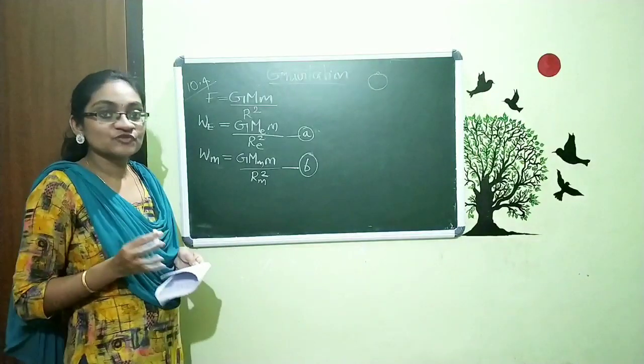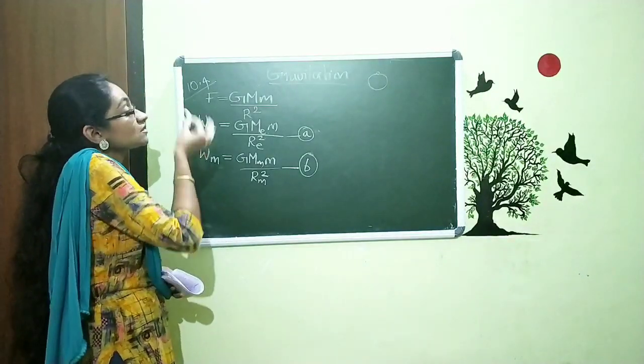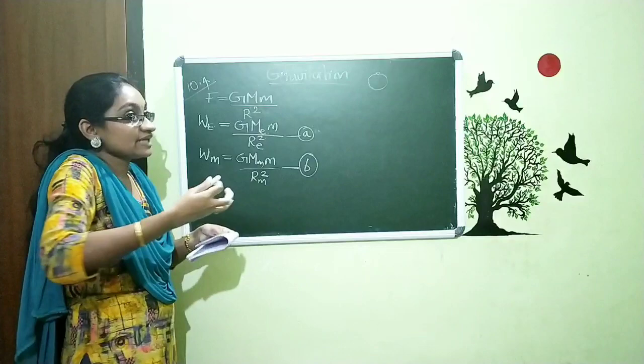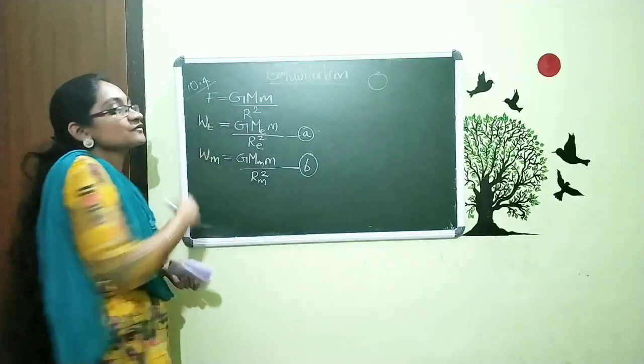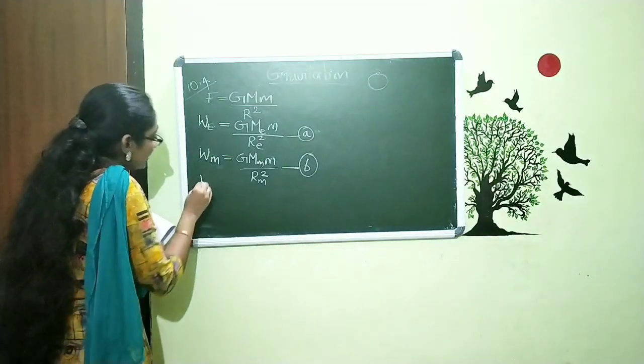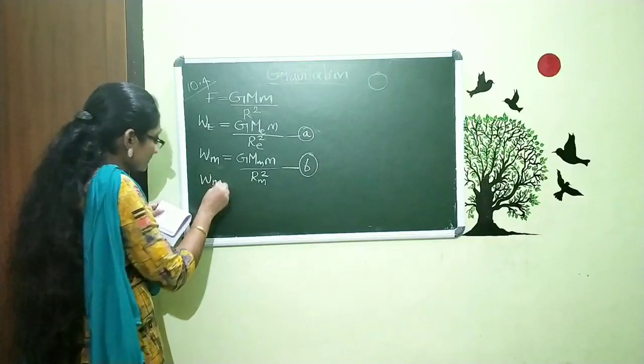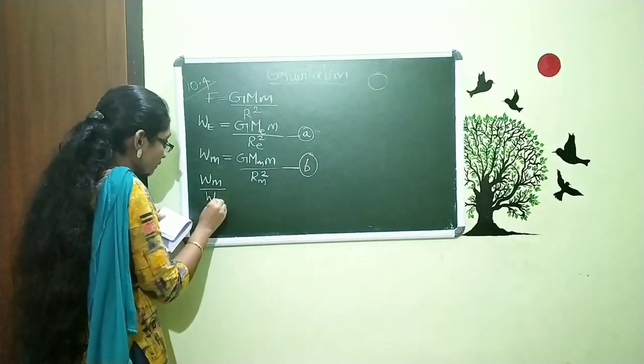Now my aim is to find the ratio of the weight of the substance at the surface of Moon and at the surface of Earth. That means I am dividing Wm by We.